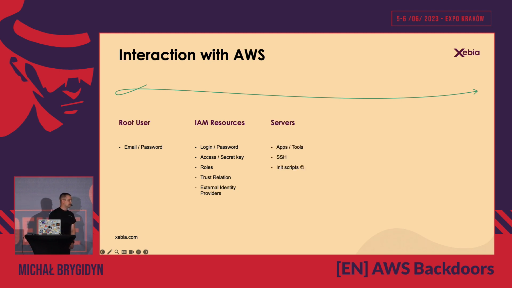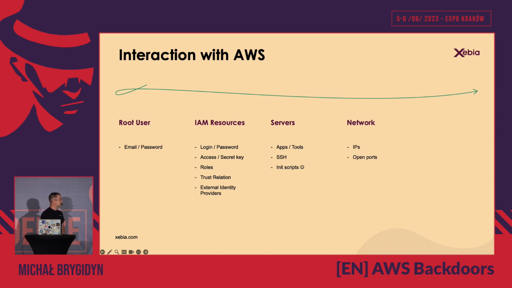Then we have servers with IAM roles that are running some tools, some apps, and these servers can be accessed via SSH, for example. But also, if you run these servers in the cloud, a server has to start somehow, and you usually have an init script. So if I am able to update your init script, I can implement my backdoor before the server even starts properly.